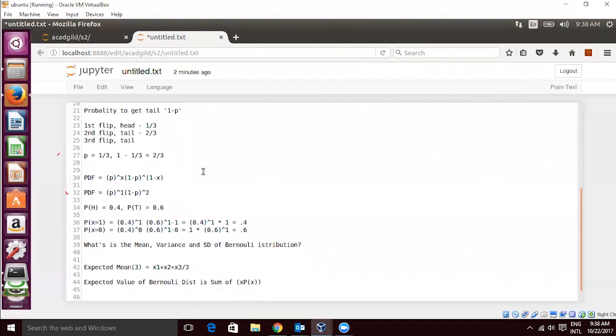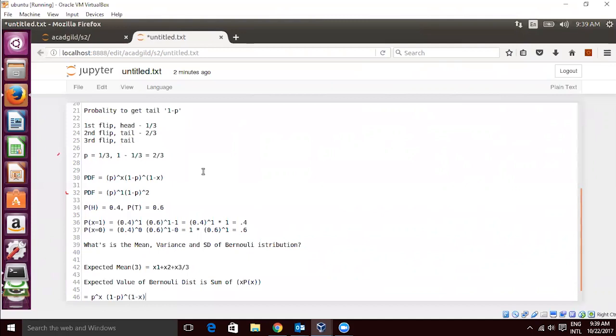Now, when I say the expected value, it denotes success, not failure. So what could be the expected value to get a success? Let's define a formula here. The formula is simple: p to the power of x into 1 minus p to the power of 1 minus x.